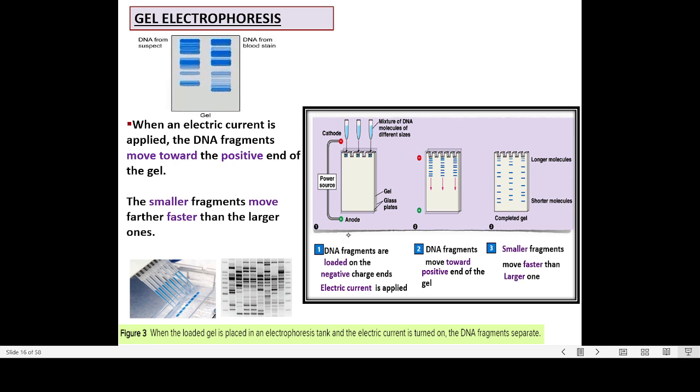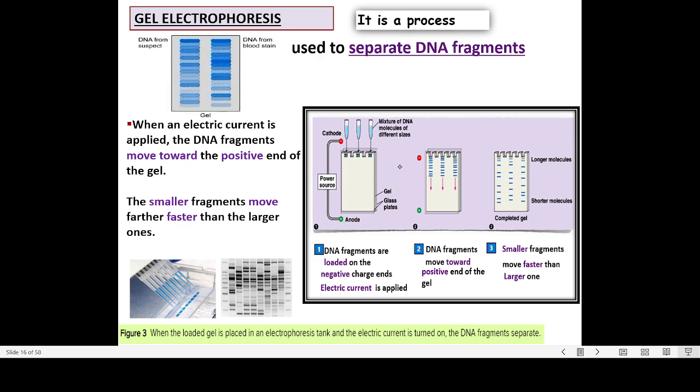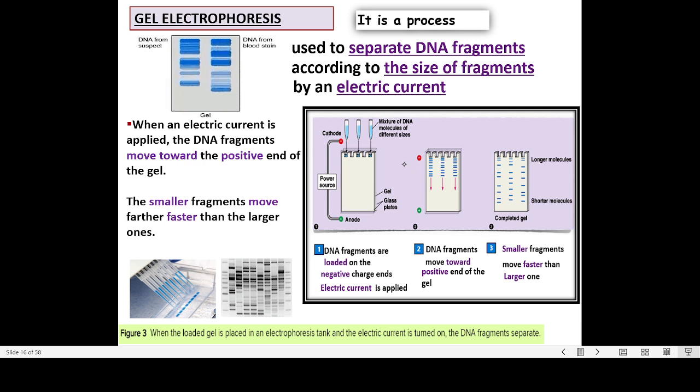The most important thing to know, guys, is that they move. In gel electrophoresis you put agar and the area for the DNA fragments. Then gel electrophoresis starts and separates DNA fragments according to their size, by electric current.